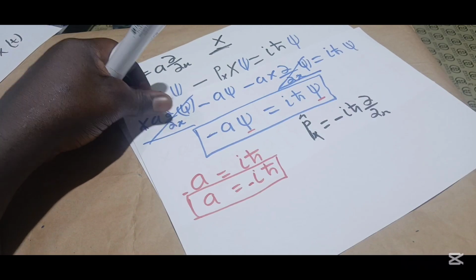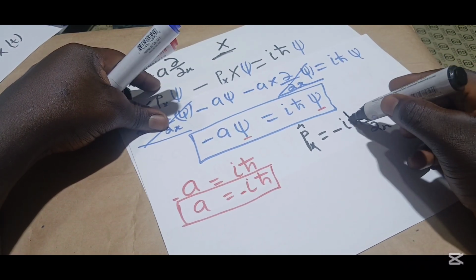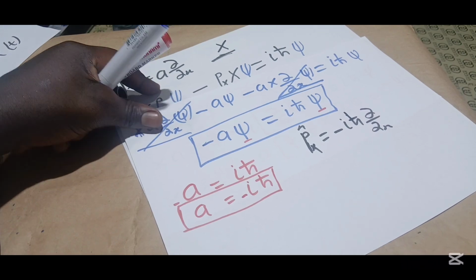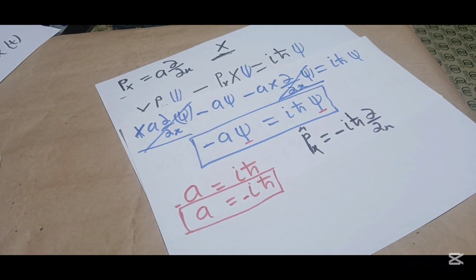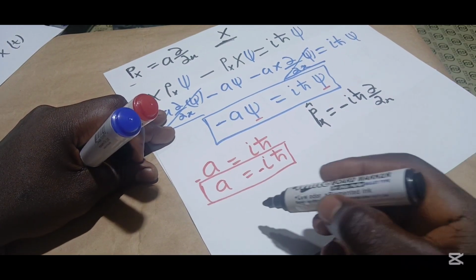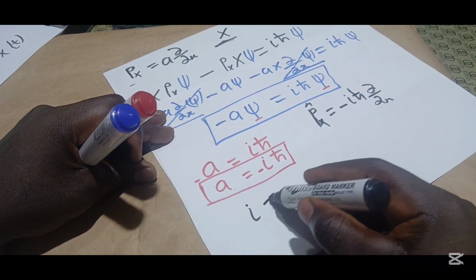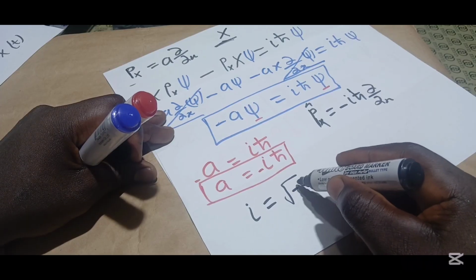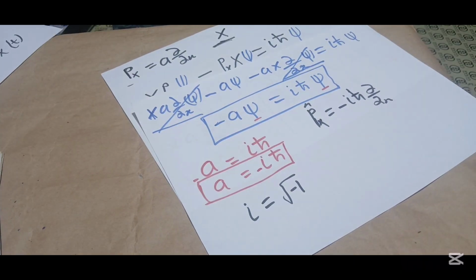And h cross is the reduced Planck constant, where i is equal to the square root of -1.